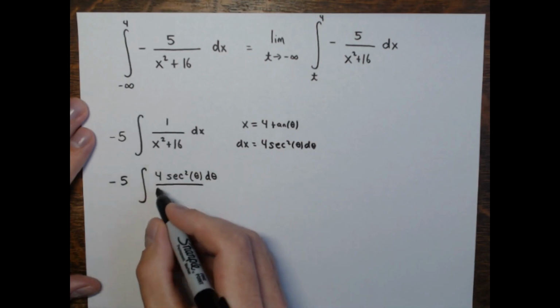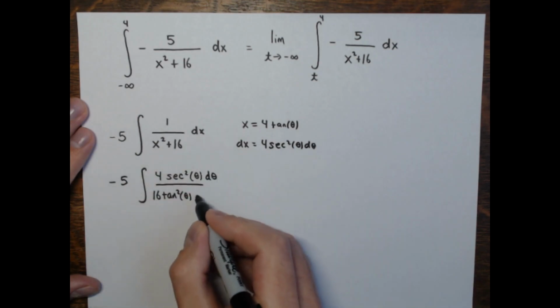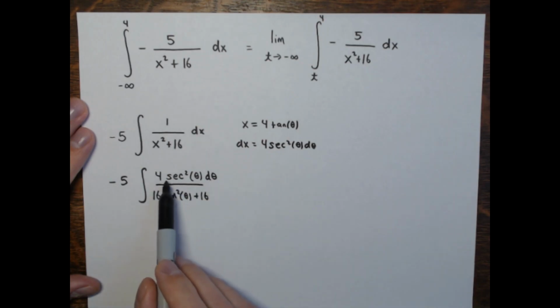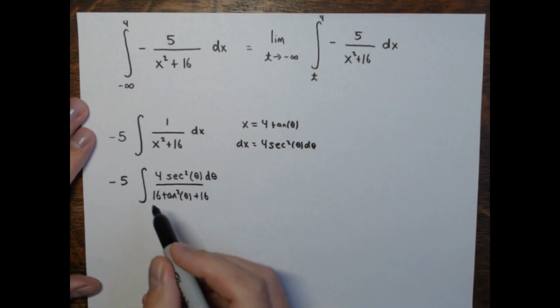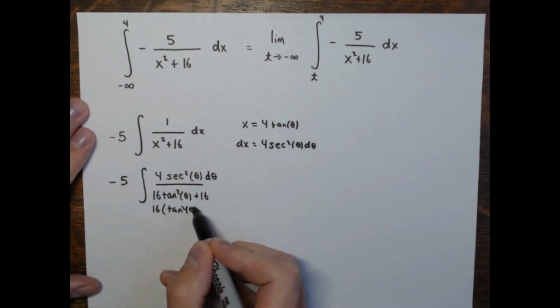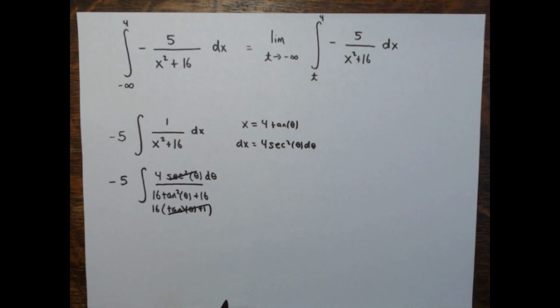And then down in the bottom here, we'd have 16 tangent squared, because that's x squared, and then plus 16. Maybe you can see it, but if you factor out the 16 down here, this is 16 times tangent squared theta plus 1, which is exactly the same as secant squared. Remember, tangent squared theta plus 1 is secant squared.